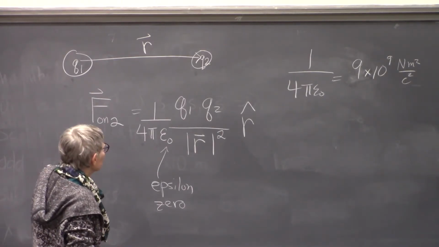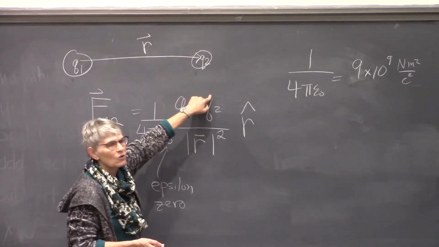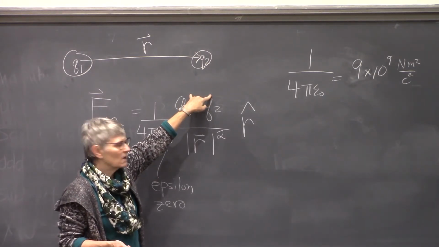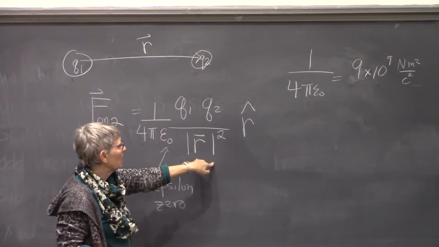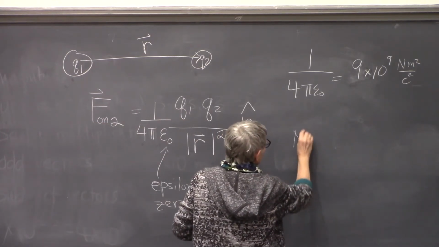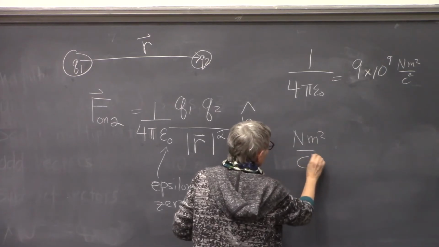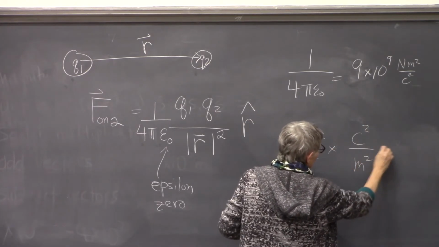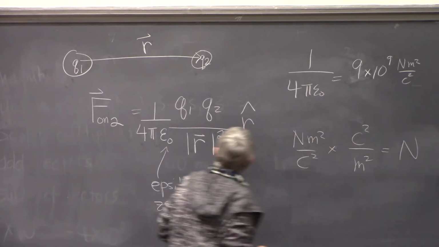Let's see if the units come out right. This is going to be coulombs times coulombs, so we have coulombs squared in the numerator and meters squared in the denominator. So we have newton meters squared per coulomb squared times coulomb squared over meters squared, and that should give us newtons, and it does, so we're cool.